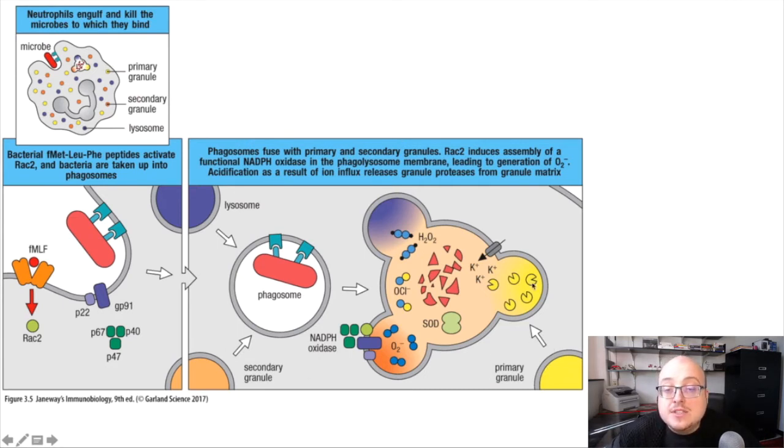So the granules contain enzymes like lysozyme and like others, or they might contain enzymatic complexes like NADPH oxidase, which creates reactive oxygen species. But neutrophils just have a lot at their disposal, so they're very, very good at killing things that they eat because they have the additional help of their cytoplasmic granules.